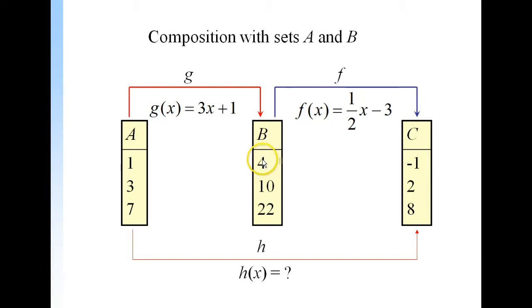Now with this new value, we put that into the next machine, which is 1/2 of 4, which is 2. 2 minus 3 gives you the 1. So again, this input gives this output. This output now becomes the input, which gives you the output.